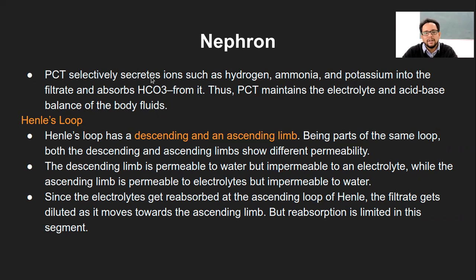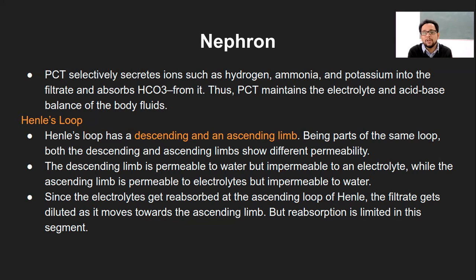So that way these different ions go into the filtrate, and the bicarbonate is taken back into the blood system, and thus the PCT maintains the electrolyte and acid base balance of the body fluid, being one of the major parts of the nephron which reabsorbs as well as secretes at the same time.